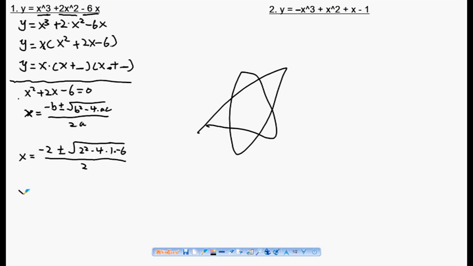We would have x equals minus 1 plus or minus the square root of 28. If we solve this again, 4 times 7 is 28, so we take the square root of 4.